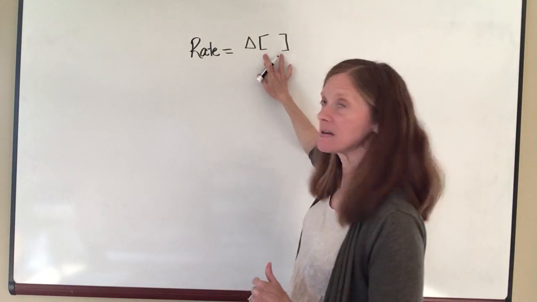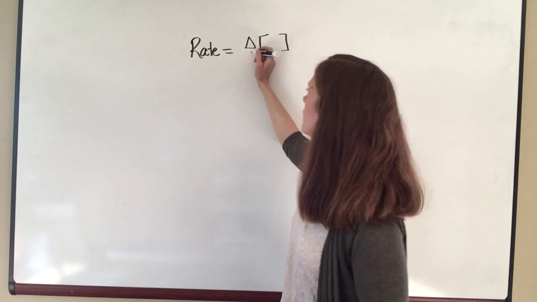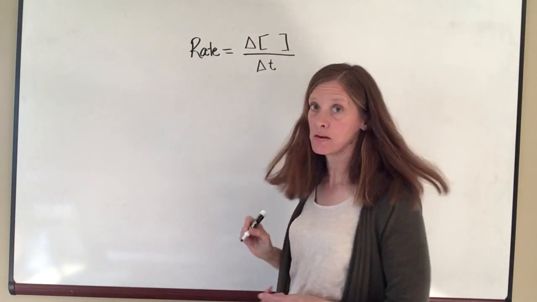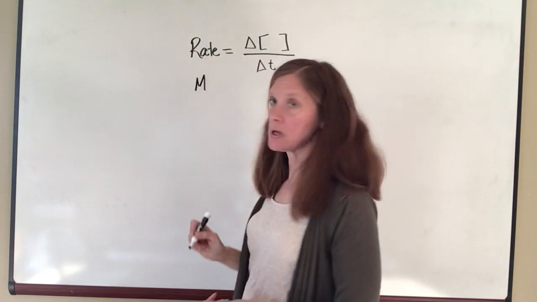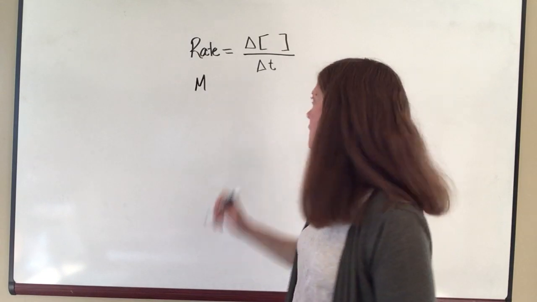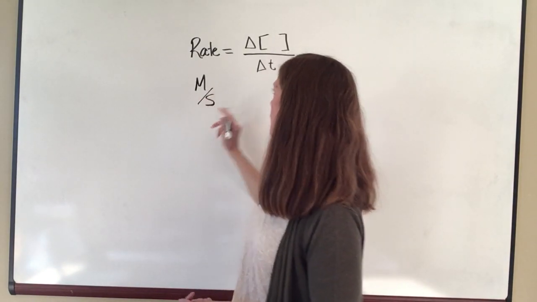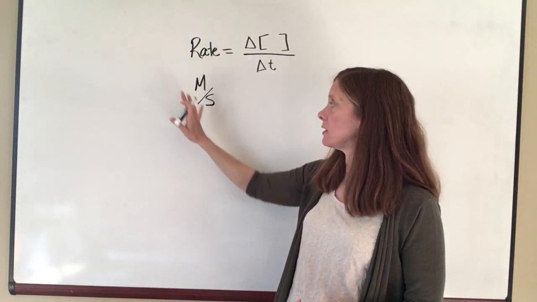And we use brackets to indicate the concentration of some reactant or some product divided by the change in time. And since concentration is normally expressed in molarity, we're going to use seconds for our unit of time. So the reaction rate is going to be in molarity per second.